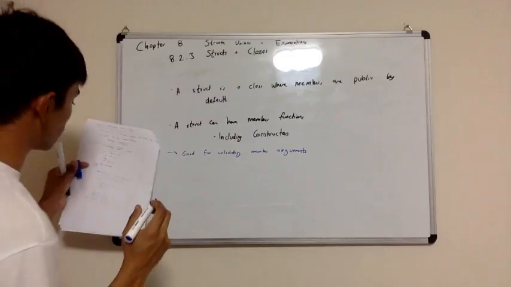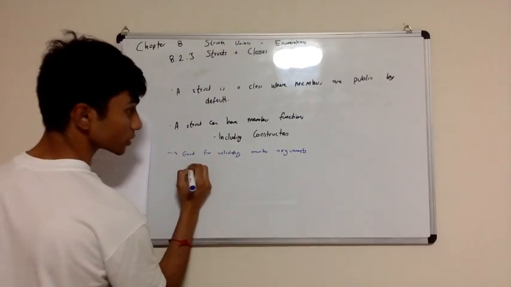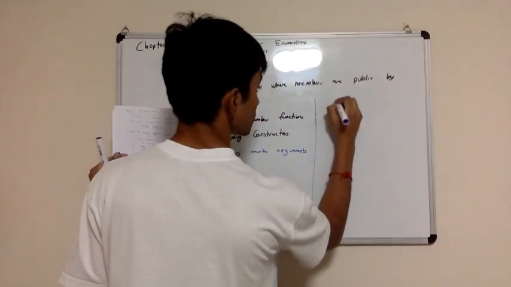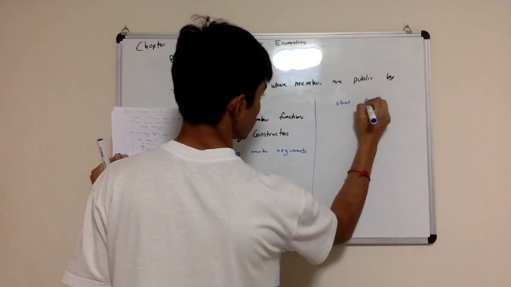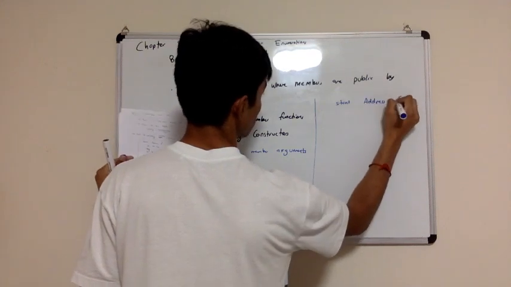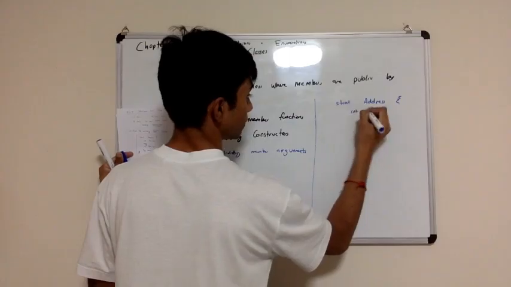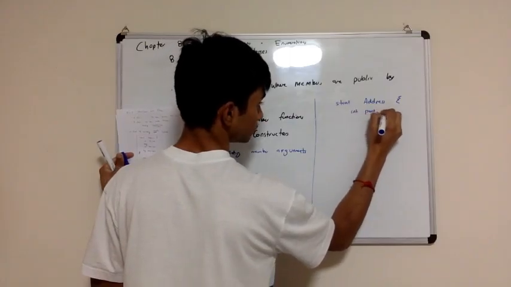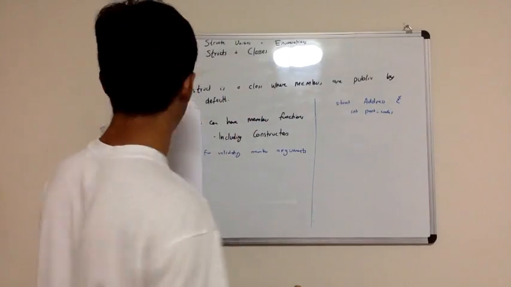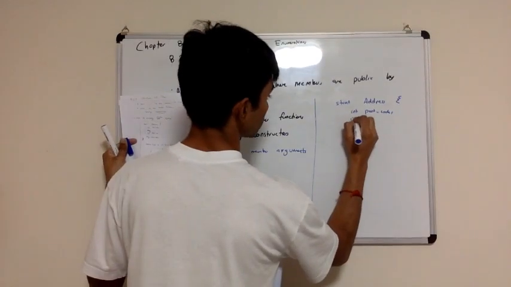So, suppose you have a struct. Let's go over here. Space. Suppose we have a struct address, and I'm defining all sorts of things, like postcode, right, and like house number or block number.